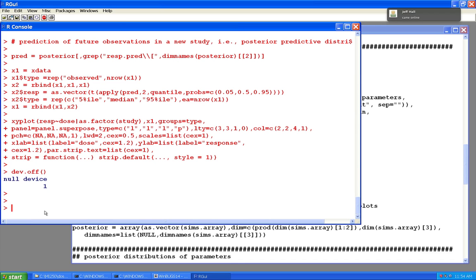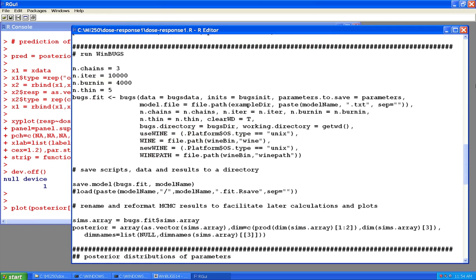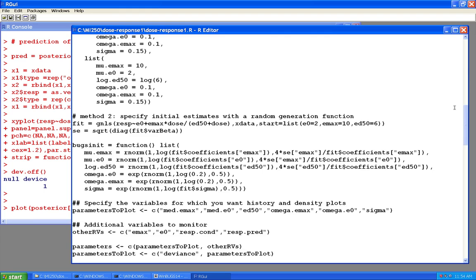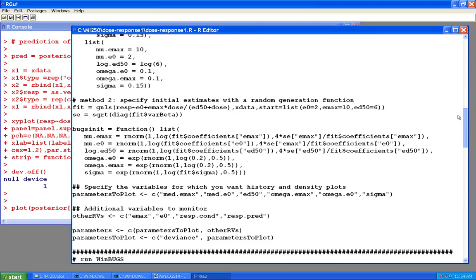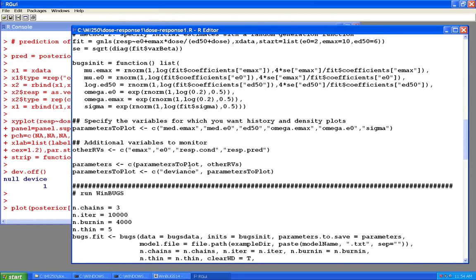So for example, if we just do a fairly simple plot here, where I'm going to take the posterior distribution of the, I've got to remember the naming we used here. Okay, it was med.emax and just ED50, because that didn't have any inter-trial variation in it.